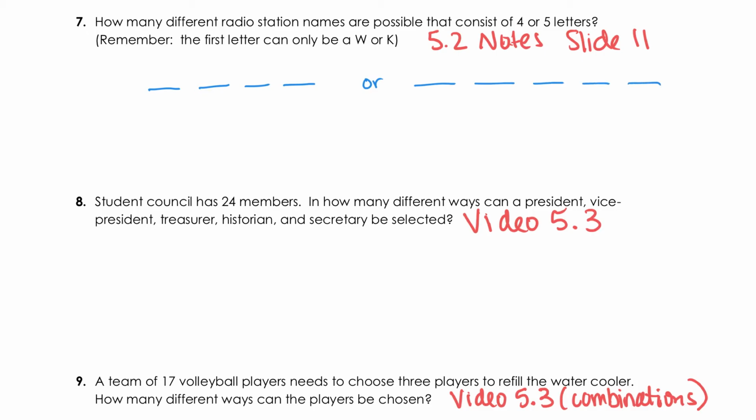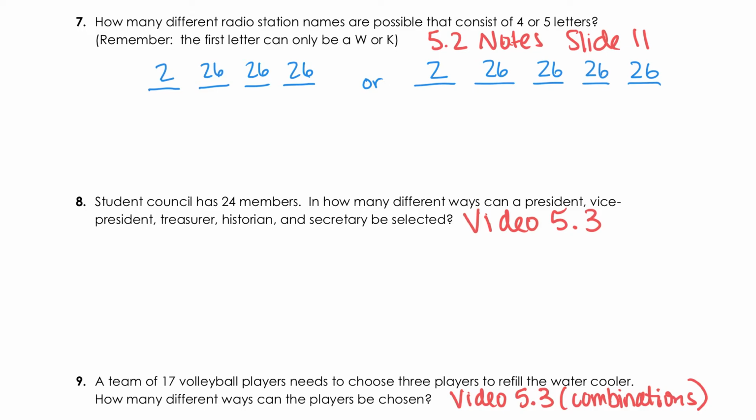Now it says the first letter can only be a W or a K. So for the first letter, we only have 2 options. And then for the rest of them, we can choose any letter of the alphabet. Well, there's 26 letters in the alphabet, so each of the other letters can be any of those 26 letters. And so then we're going to multiply those together.